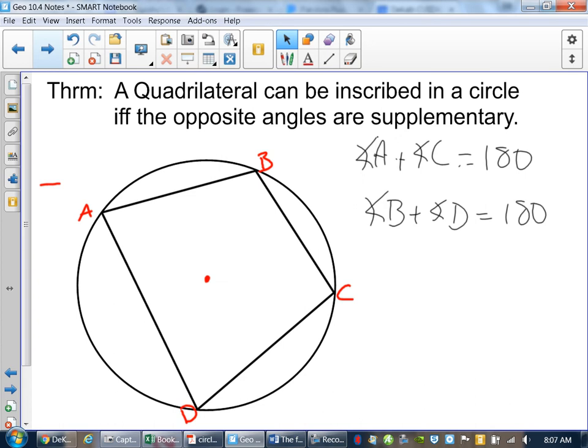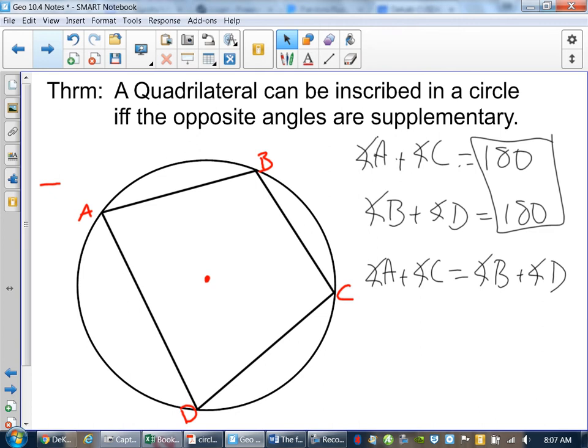Hey, if 2 things equal the same thing, what can you do? I can swap them out. Very good. So do these both equal 180? That means in the back of your mind, you might be able to do this: angle A plus angle C equals angle B plus angle D. You might be able to do something like that if you had to.